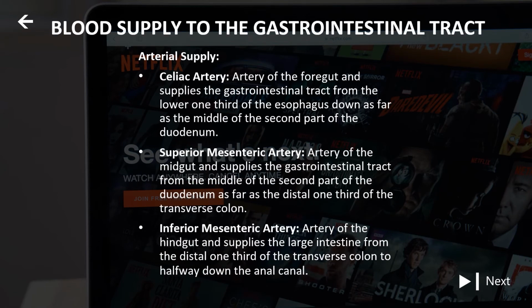So the blood supply to the gastrointestinal tract. Here is the arterial supply to the gastrointestinal tract, the celiac artery, the superior mesenteric artery, and the inferior mesenteric artery.